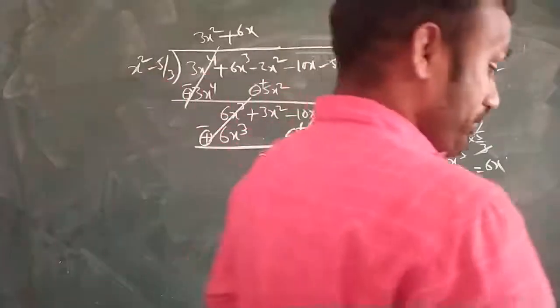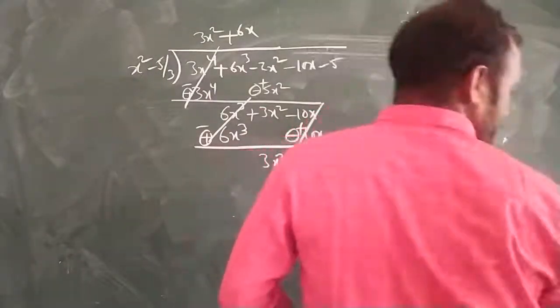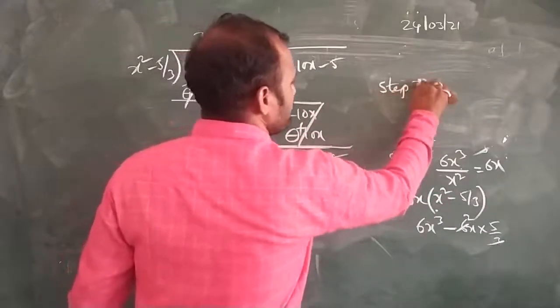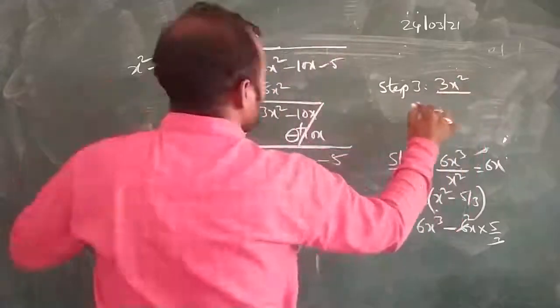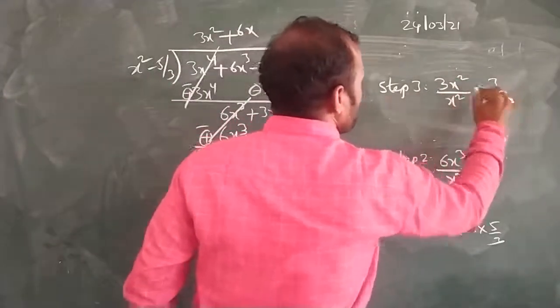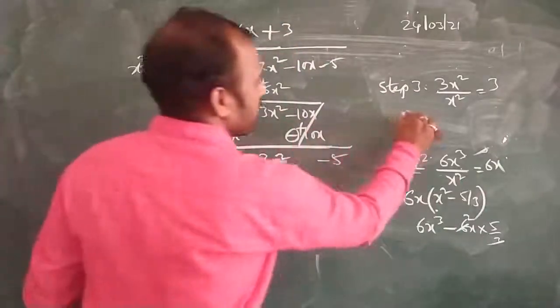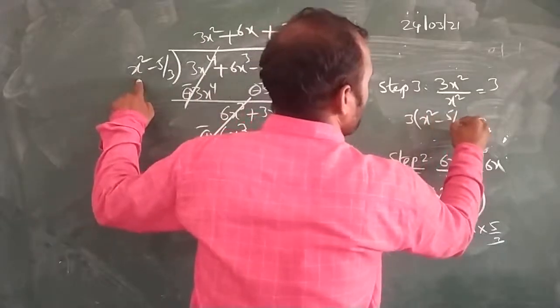Next, step 3. Let us write step 3 here. Step 3 is 3x square divided by x square, so the answer is plus 3. Let me multiply 3 into x square minus 5 by 3.